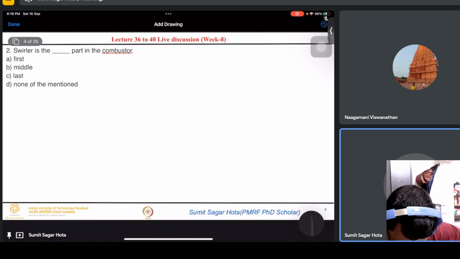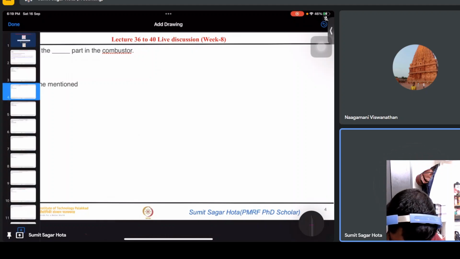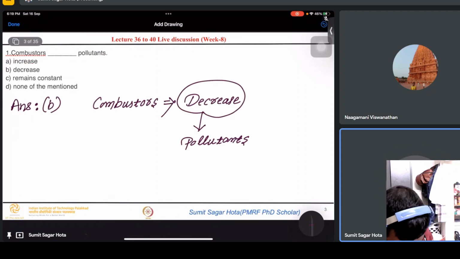Combustor always decreases the pollutants. Why does it decrease the pollutants? Because what does the combustor do?